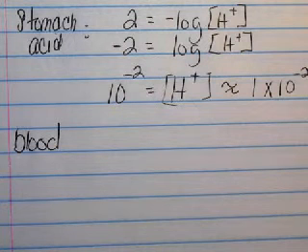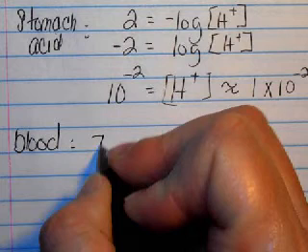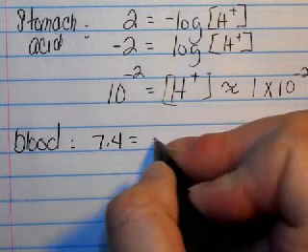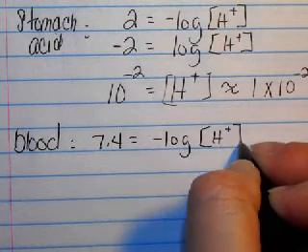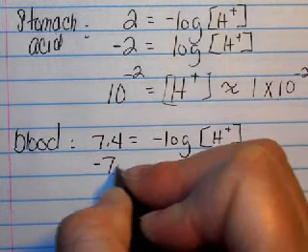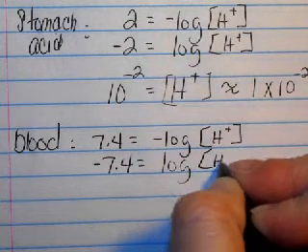And blood has a pH of 7.4. 7.4 equals negative log of H positive. So negative 7.4 equals log of H positive.